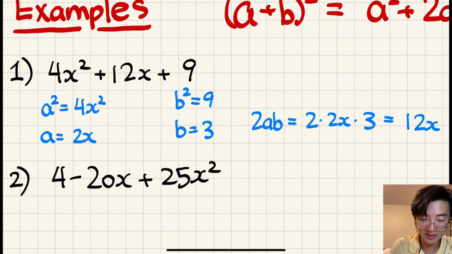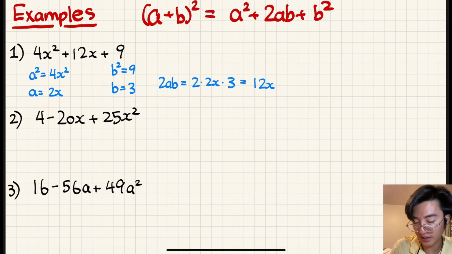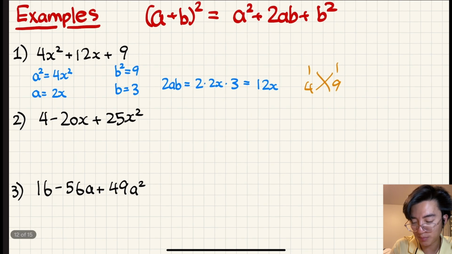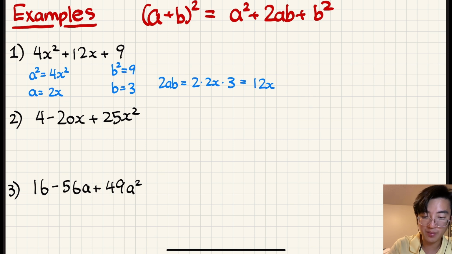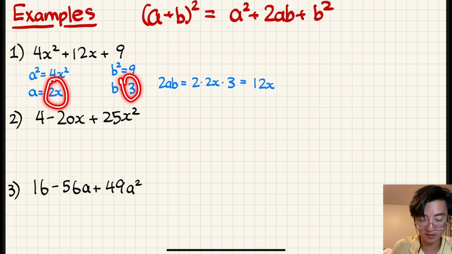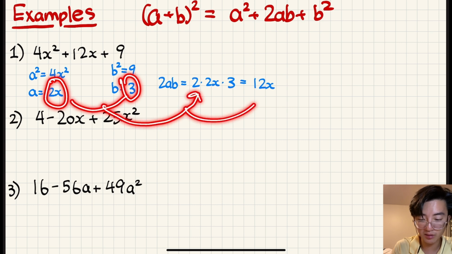Which means that to factor this, instead of doing the whole guess and check method, where we set up 1, 4, 1, 9 and crisscross this, we get 9x plus 4x, which is 13x, that's not correct, let's keep guessing. Instead, we can immediately notice that we have perfect squares. When we square root them we get 2x and 3, and when we multiply these by 2, we get the middle number right here.